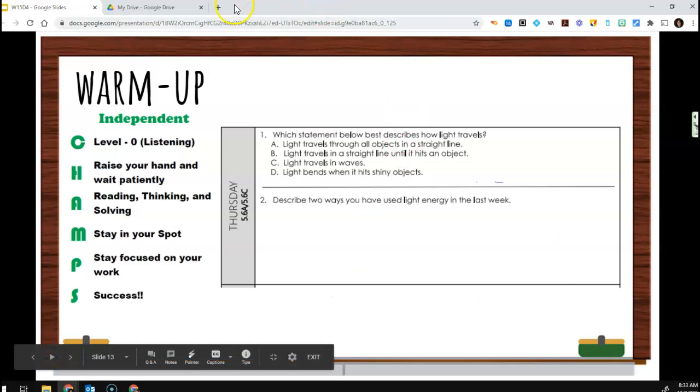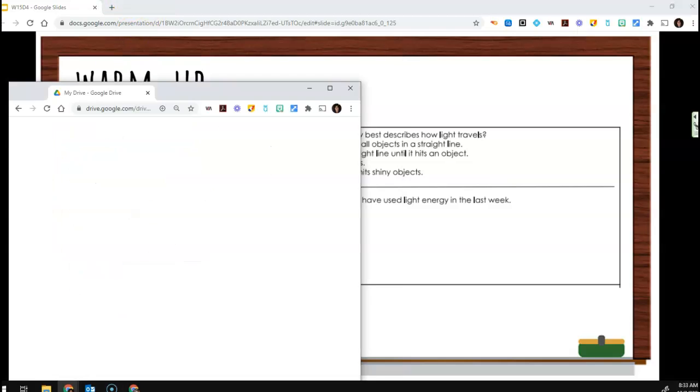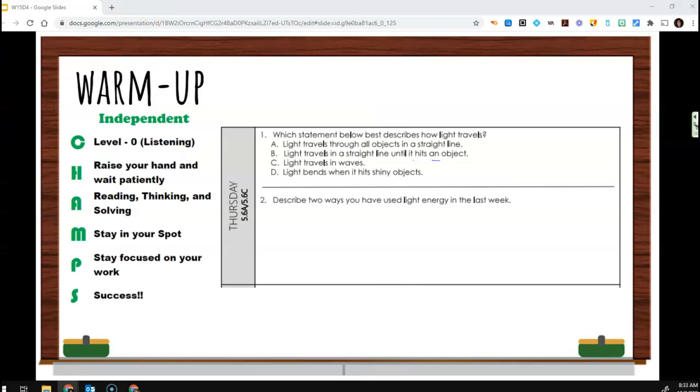Y'all are all over the place. I'm going to find out what it is. Hang on. Because I thought it was one thing, and now that I read my answers, I'm thinking that's kind of a tricky one.